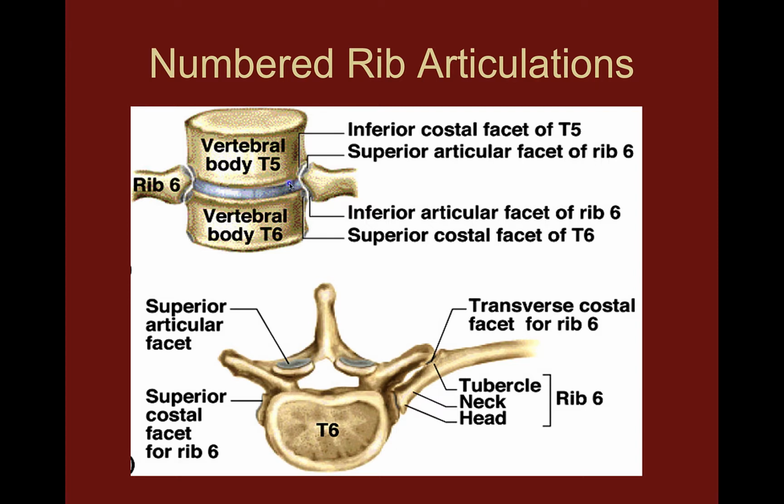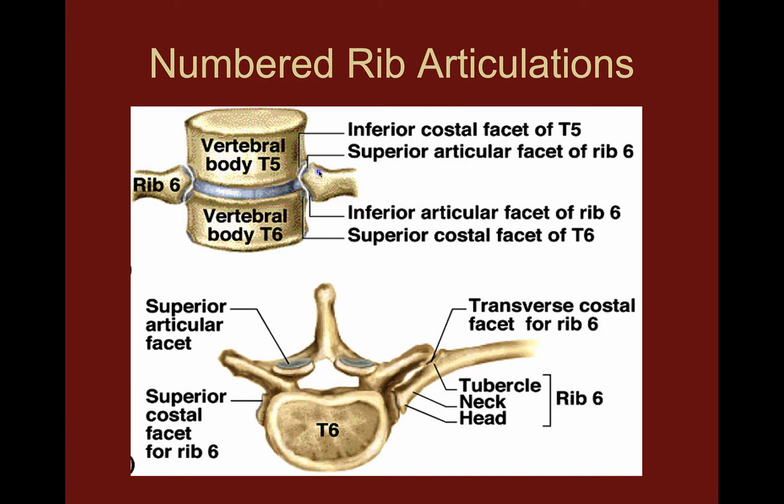Now looking at T5, we can say this is our inferior costal facet. Now put your hand up to your screen and cover up the rib, and what's going to articulate at the costal facet? Now pull your hand away. Oh, it's a rib. Costal for ribs. So this is where we see a rib attaching.